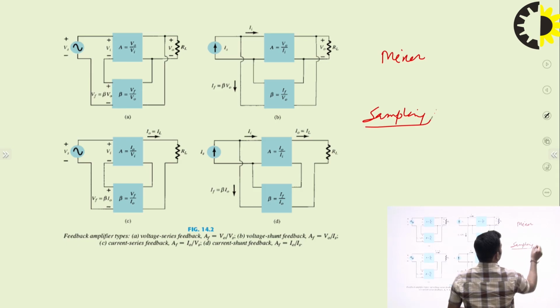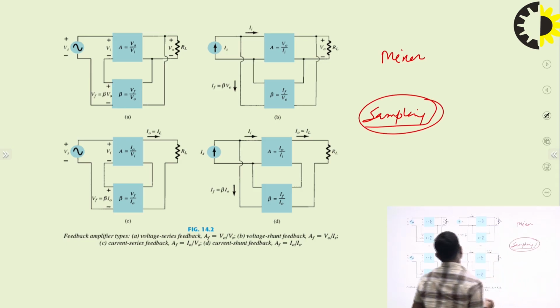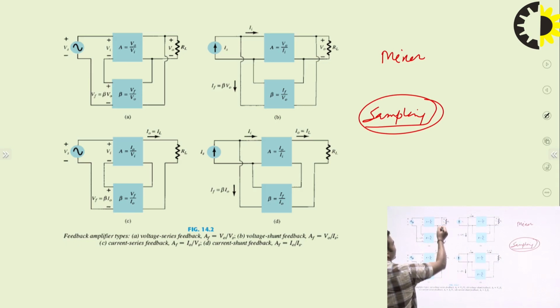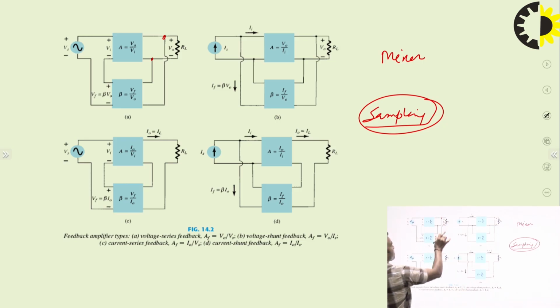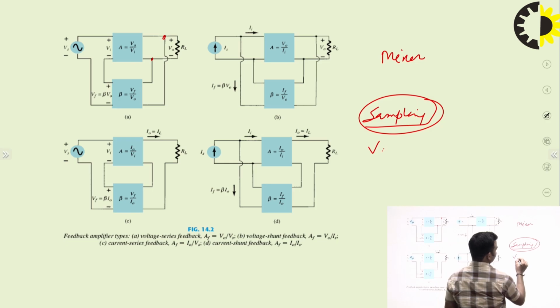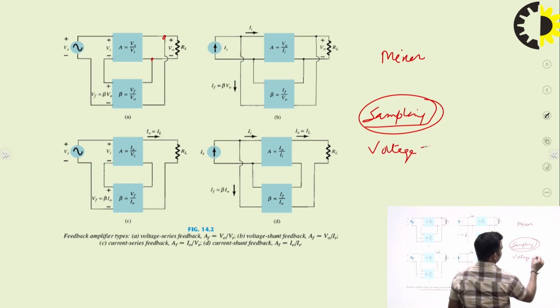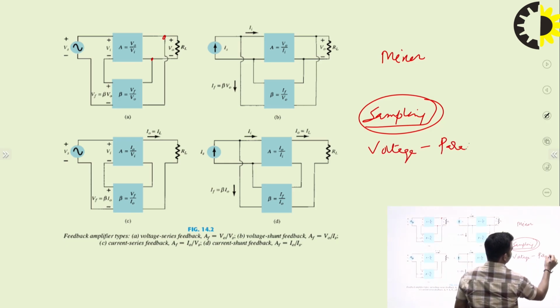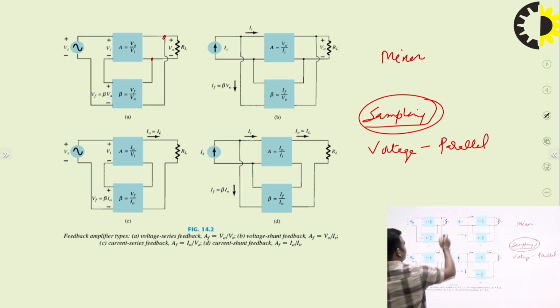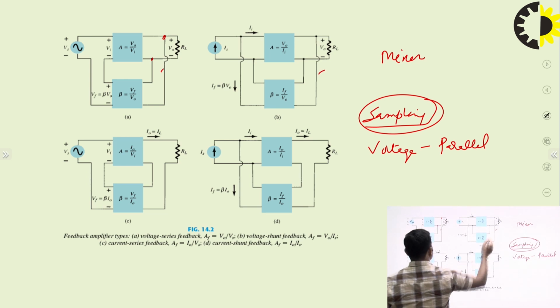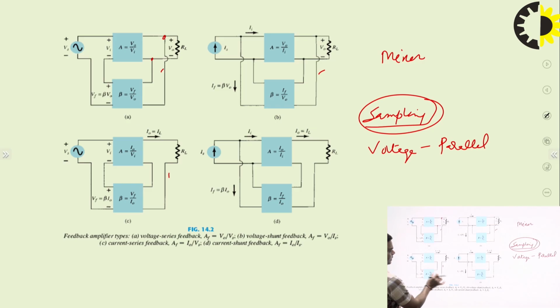Sampling network means it will be towards the output side, like this. Sampling of voltage is done in parallel, and sampling of current is done in series.